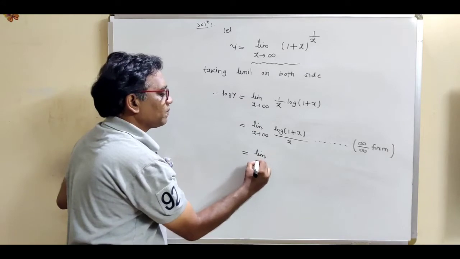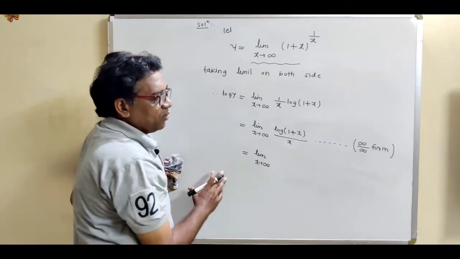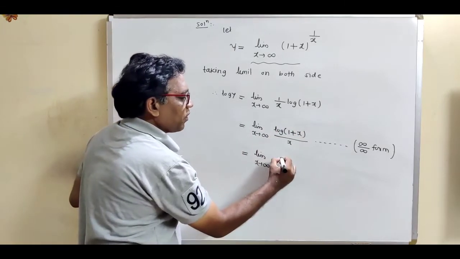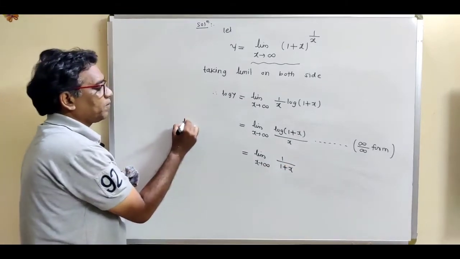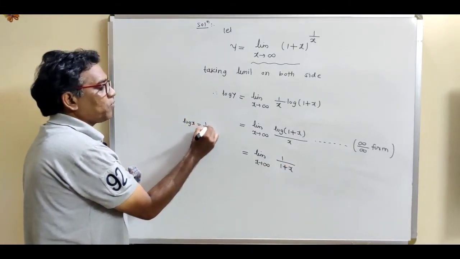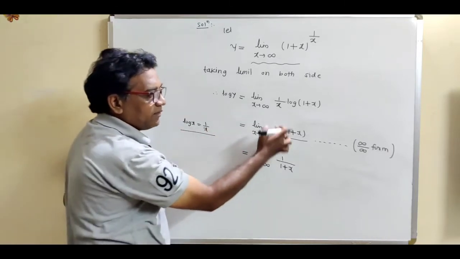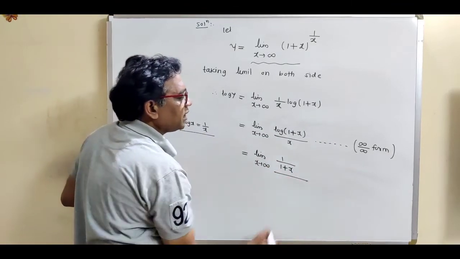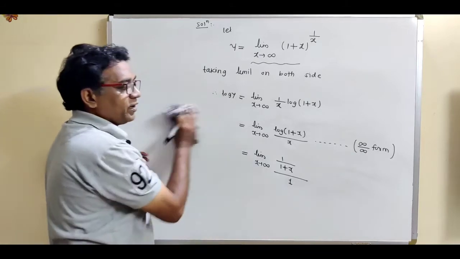This is the limit as x tends to infinity. So what is the L'Hopital rule? Just take the separate derivatives. The derivative of log x is 1 upon x. This is the formula. Using this formula, the derivative of log of 1 plus x is 1 upon 1 plus x, divided by the derivative of x, which is 1.